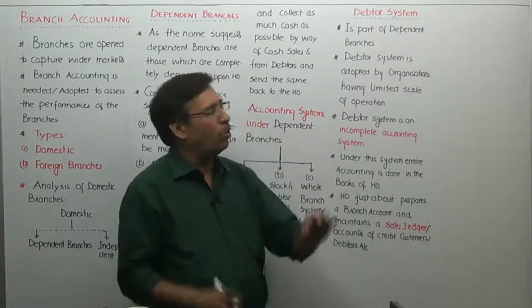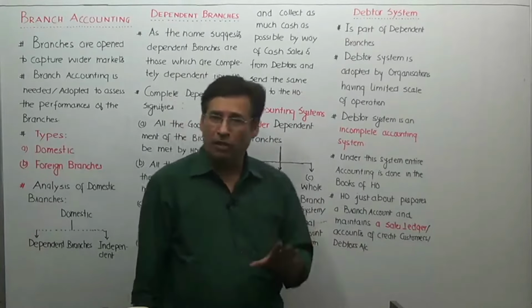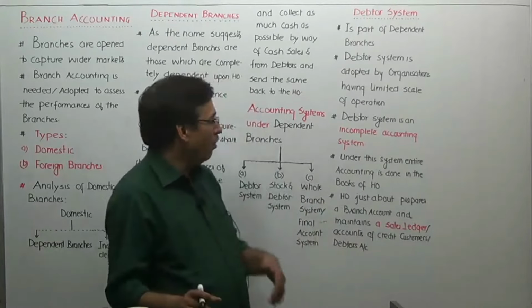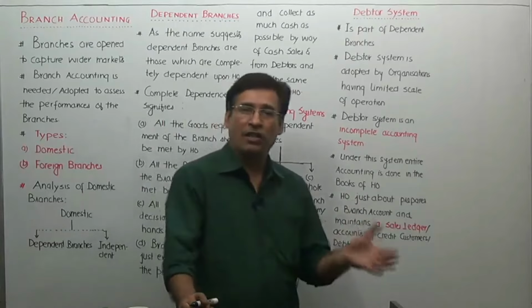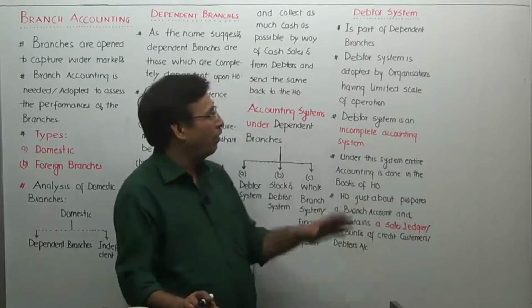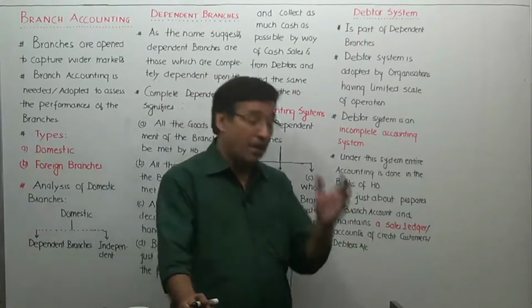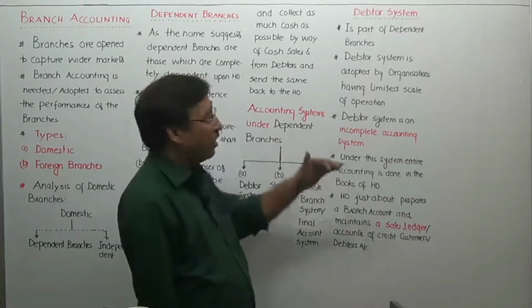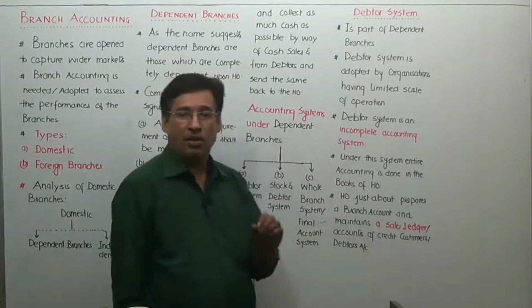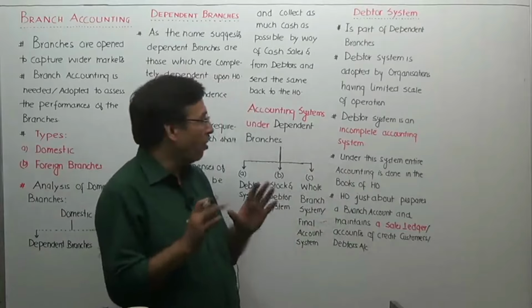Besides these two, no other account will be maintained by the head office, no nominal account, no other real account. So obviously this system cannot be a double entry accounting system. That is the reason why it is an incomplete accounting system.